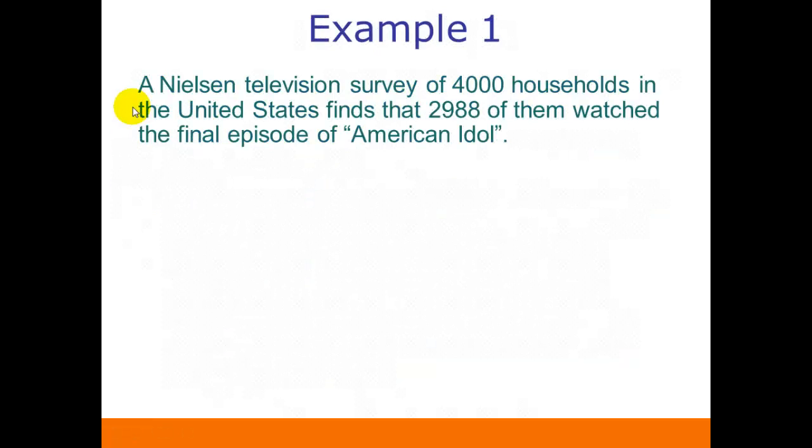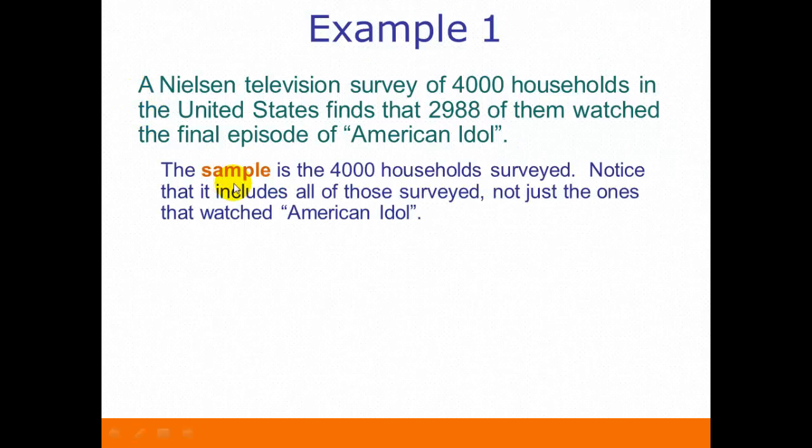Here's an example. A Nielsen television survey of 4,000 households in the United States finds that 2,988 of them watched the final episode of American Idol. Let's identify the population and the sample. The sample, again, is going to be all of those who were surveyed.